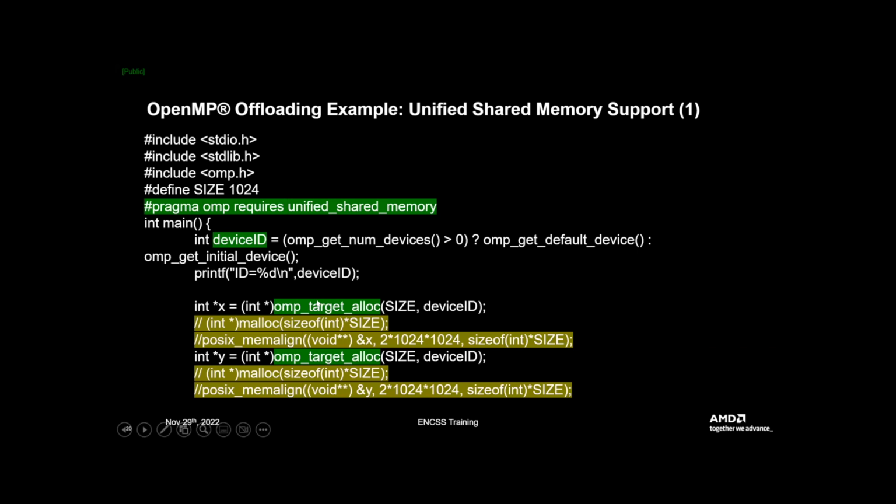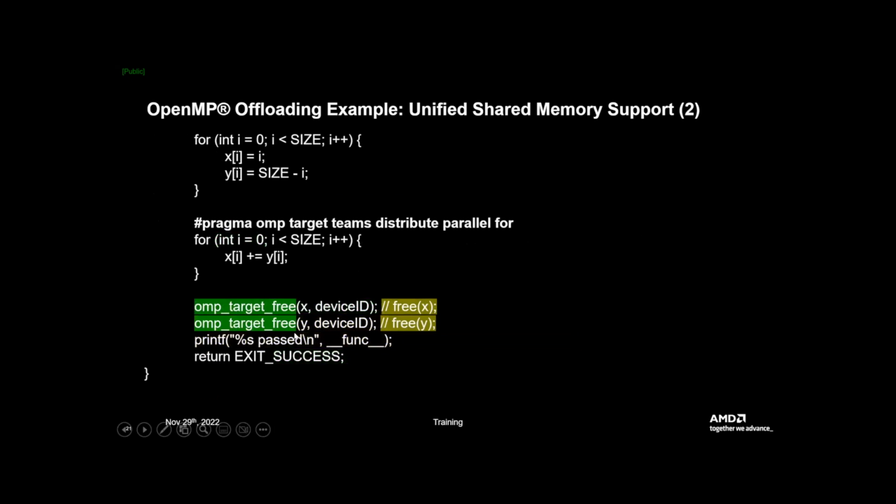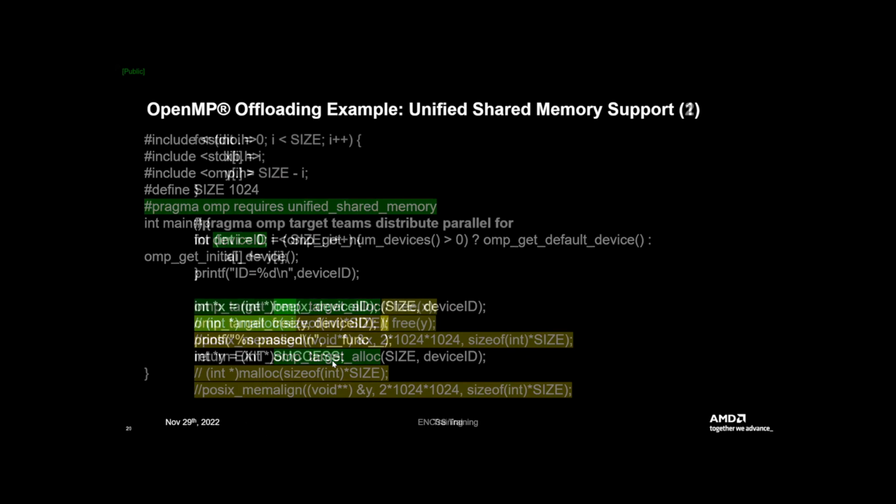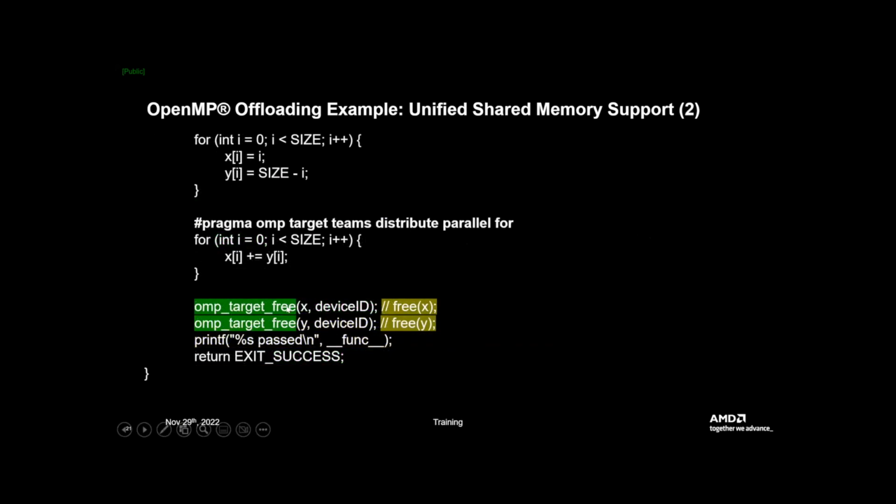If you don't use it, you can directly use malloc, or you can use posix_memalign to align memory allocation. We have two arrays, X and Y, and we are basically doing the same thing. If you use OMP target alloc to allocate your memory, you need to free it with OMP target free. Otherwise, just use the standard free.